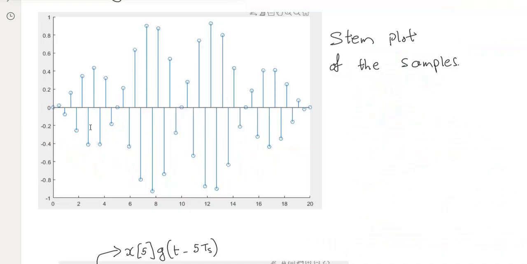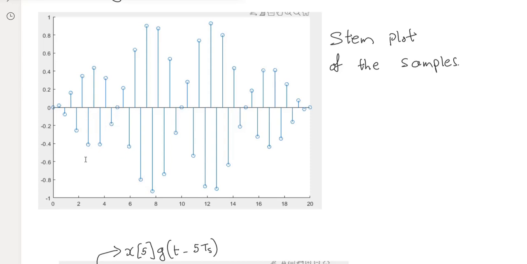Just to comment a bit more on what's happening here. If you look at this stem plot, you have sample values which you sampled from the original signal, right? These sample values are only telling us values at specific time points, so at discrete time points we know what the value of the signal is.